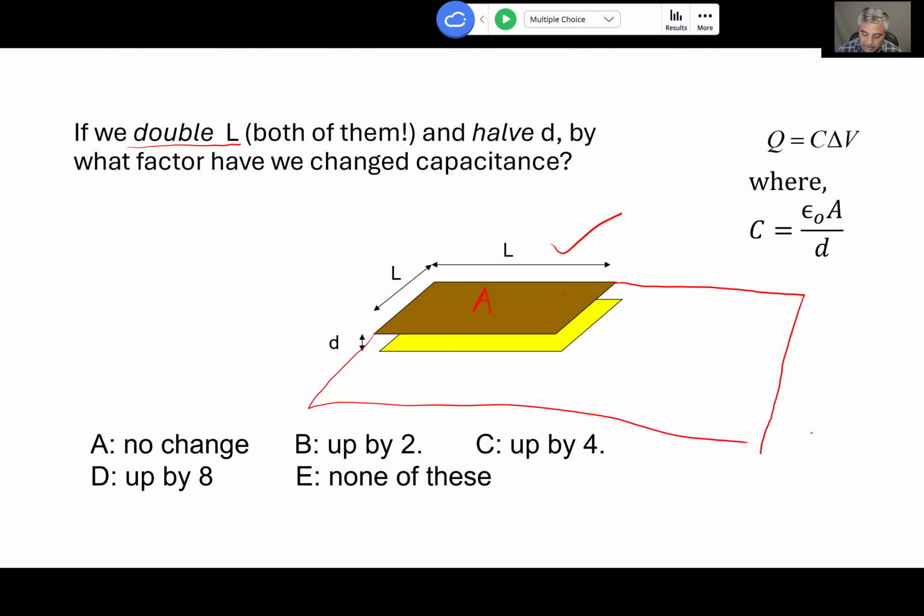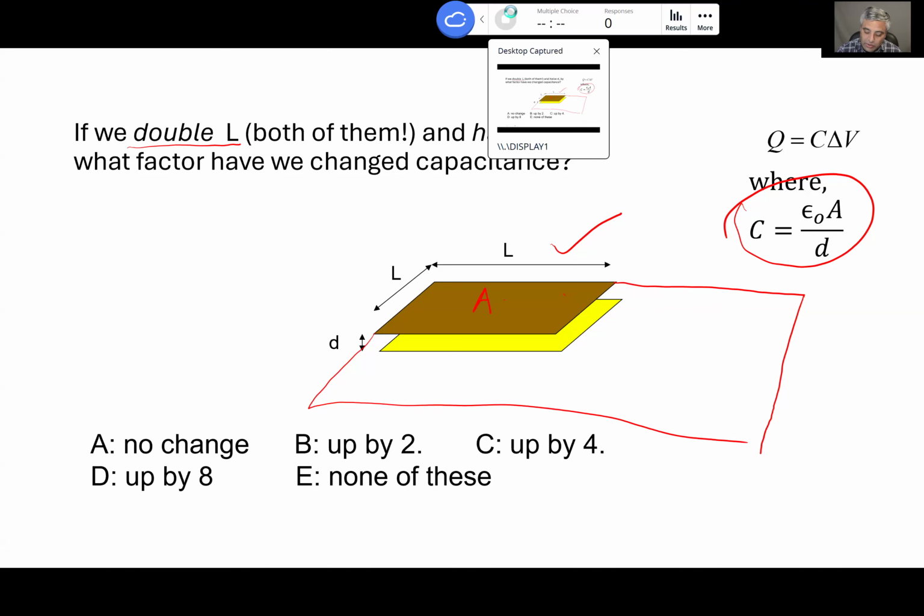And halve D. By what factor have we changed the capacitance? Capacitance depends something like this. For your convenience, I have written that equation right there. So I'm going to open the poll. What do you think?